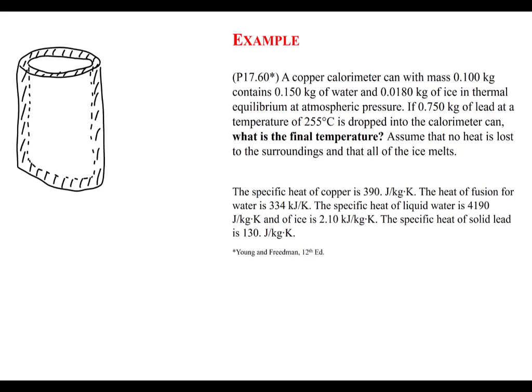Now inside this copper can, we have water in thermal equilibrium with ice. So I'll represent the ice as a block, and I'm representing the water as this smaller bluish cylinder.